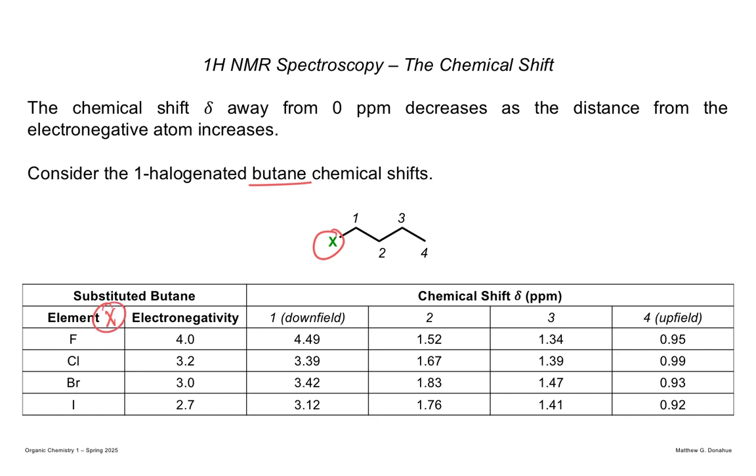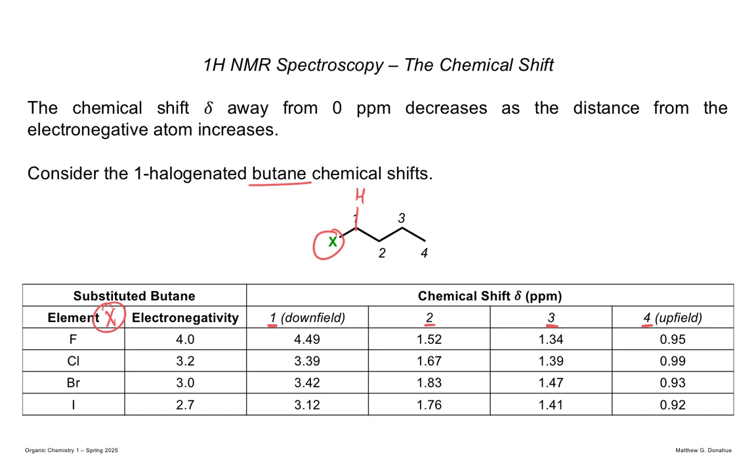And then what you see in the columns here, so carbon 1, carbon 2, carbon 3, and carbon 4, you're seeing the chemical shifts of the hydrogens attached to those carbons. So let me draw an H here.